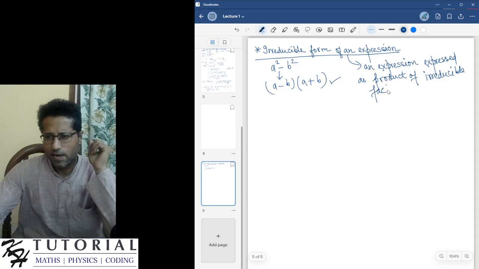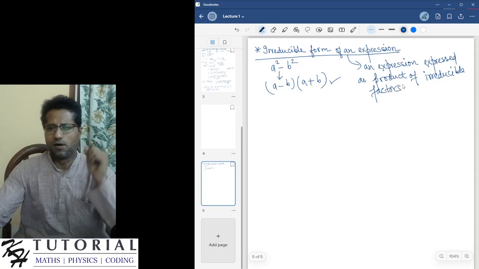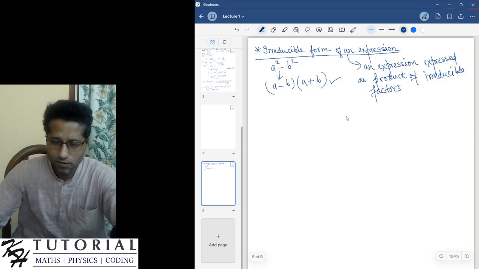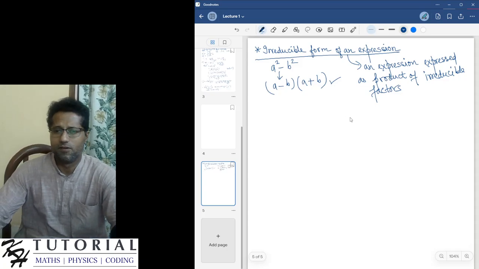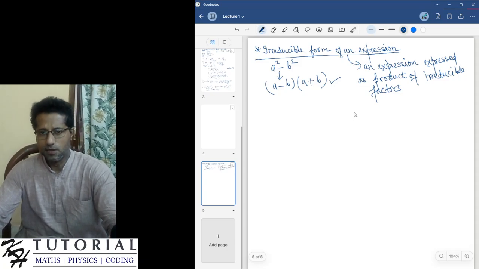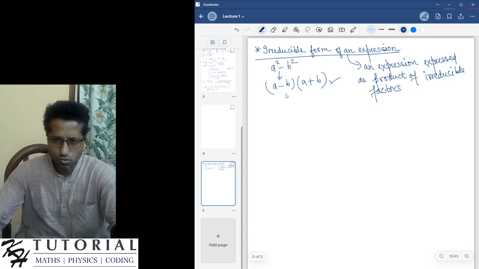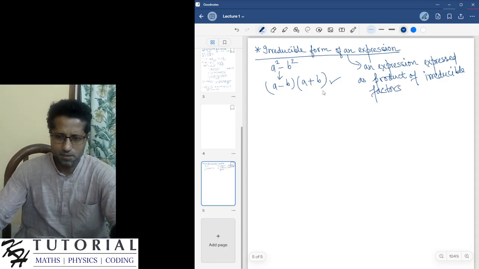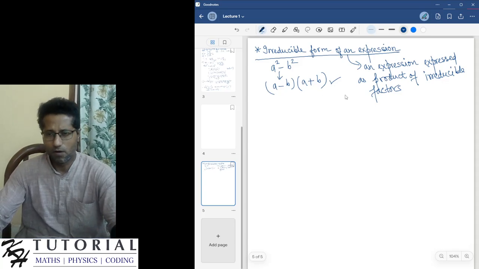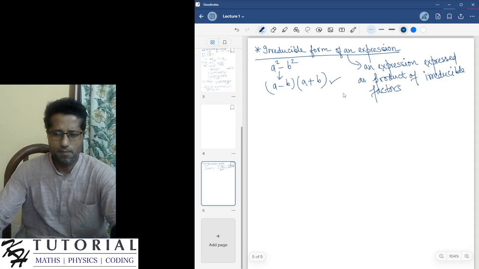Then the expression will be said to be in irreducible form. So a minus b multiplied by a plus b is an irreducible form of the algebraic expression a square minus b square.